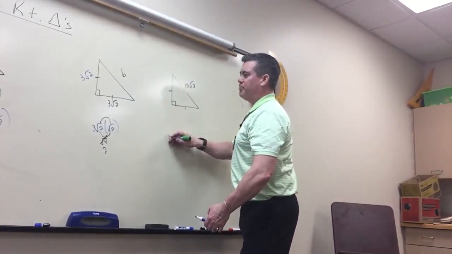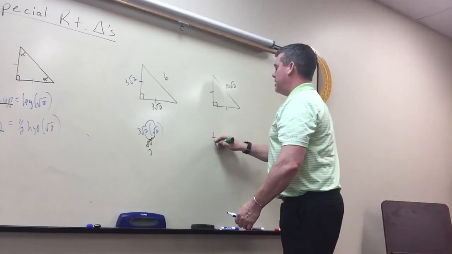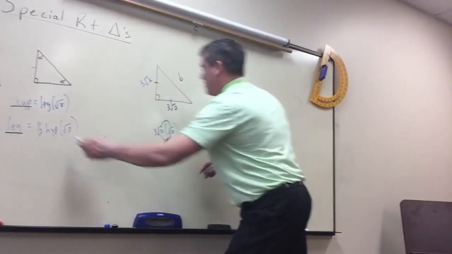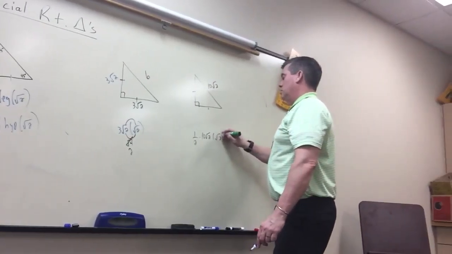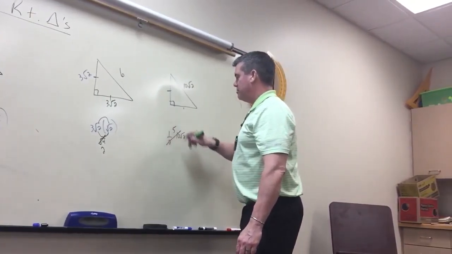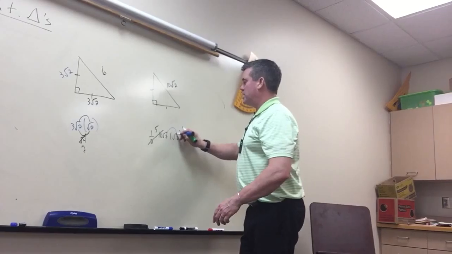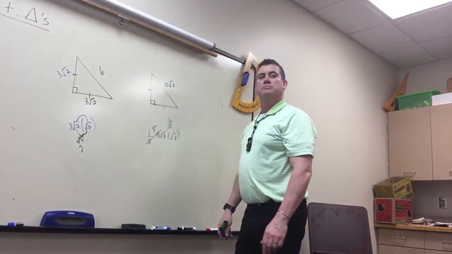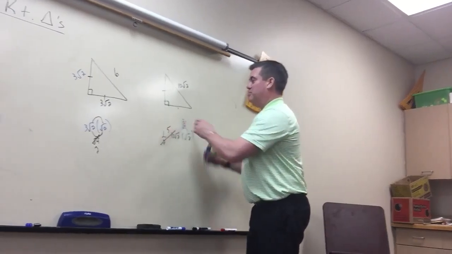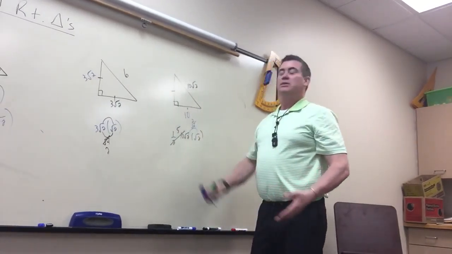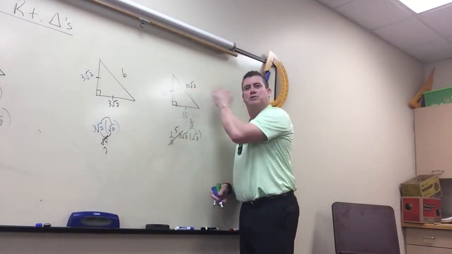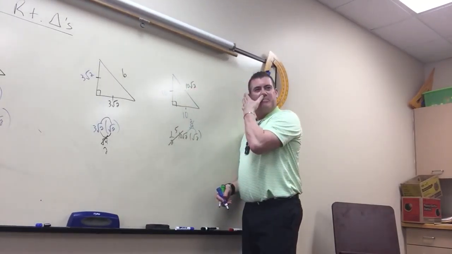The leg is half of the hypotenuse, 1/2 times 10 square root of 2 times the square root of 2. 10 over 2 is 5. Square root of 2 times square root of 2 is the square root of 4, which is 2. So 5 times 2 is 10. Which makes sense, right? Because if the leg is 10, the hypotenuse has to be 10 square roots of 2. Okay?